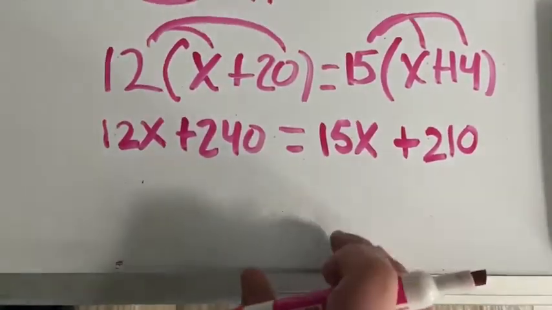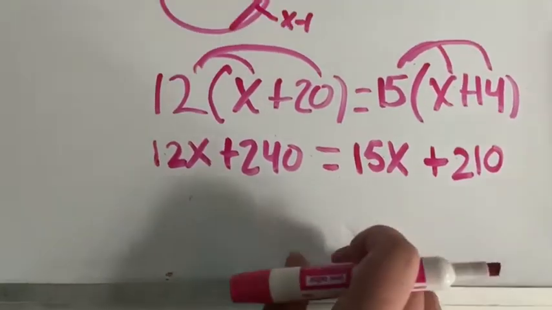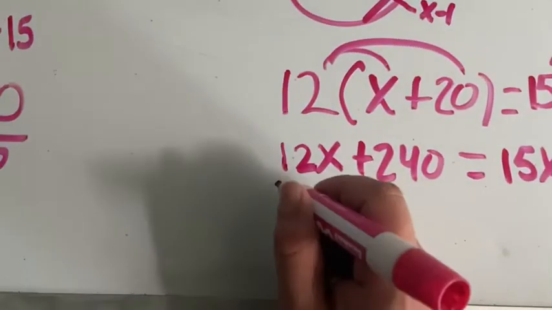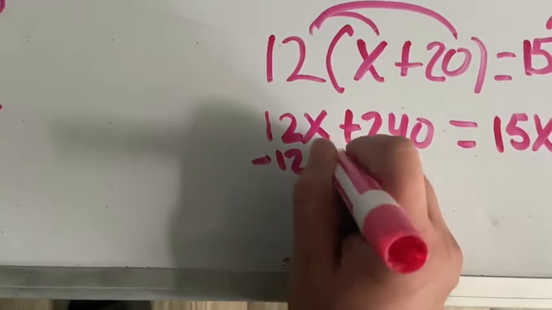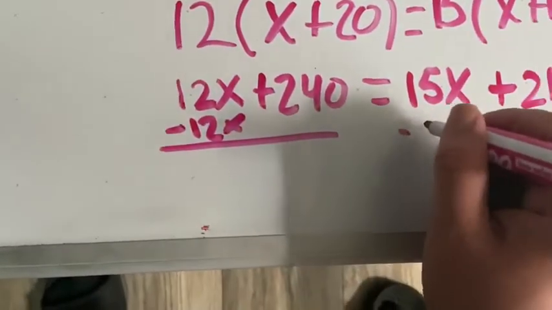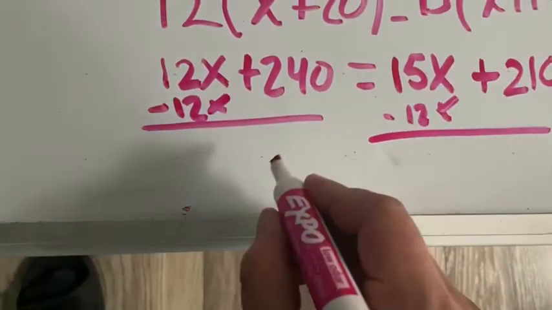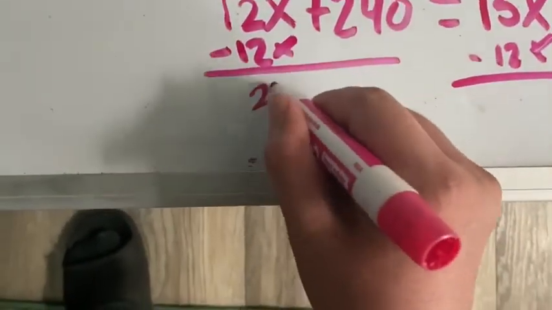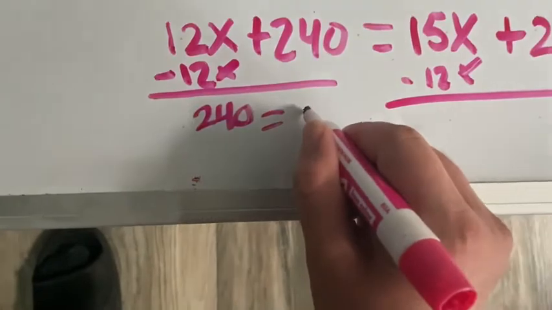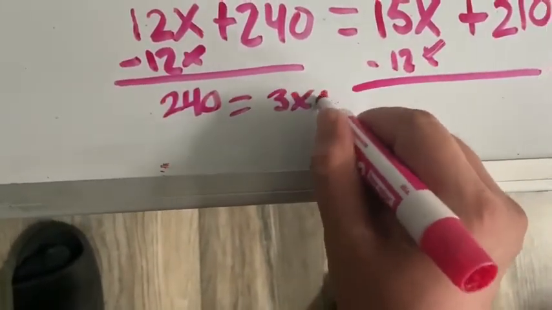Here you have a variety of different options, okay? What I'll do probably is I'll subtract this 12x on both sides, so that I'll have a positive 3x. So then I'll have 240 is equal to 3x plus 210.